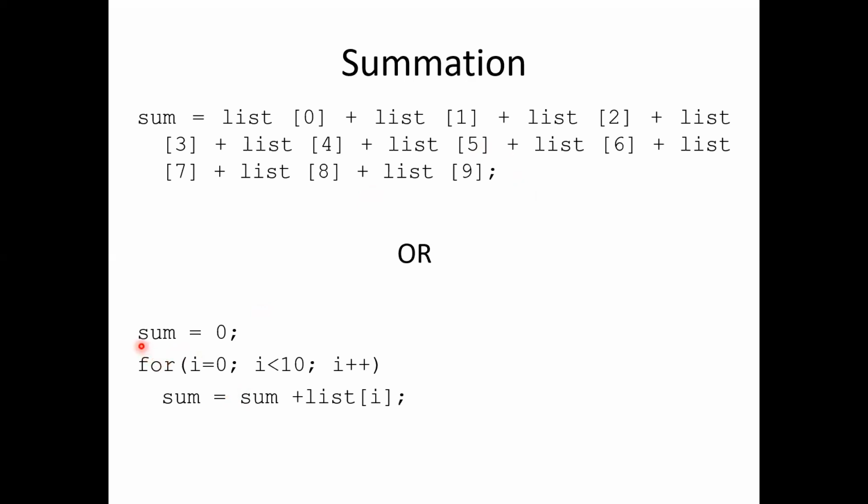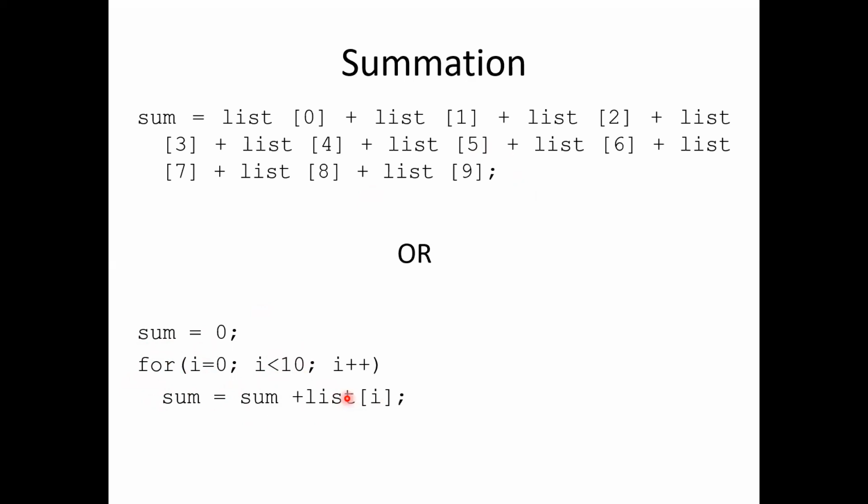So I initialize sum to 0 first before the loop started. Okay, so using the same variable here, I is equal to 0, while I is less than 10. So if this is true, it will perform this statement.